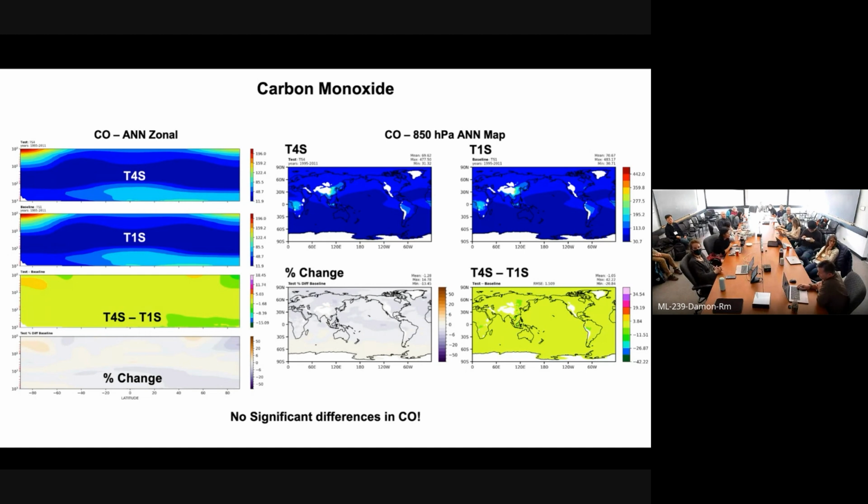Top being our T4S run, the T1S run, and then the difference between the two and the percent change. And then on the right, just a map plot at 850, so near the surface, and we can happily say that we don't really see any significant differences at all with CO, which is good.